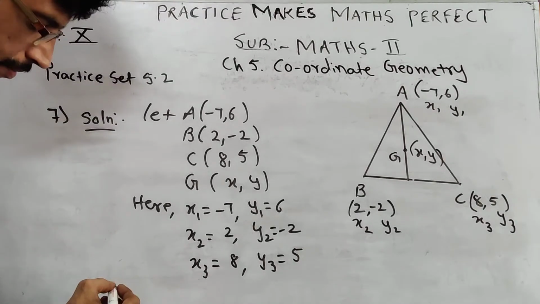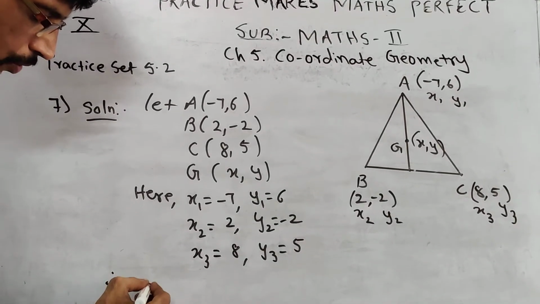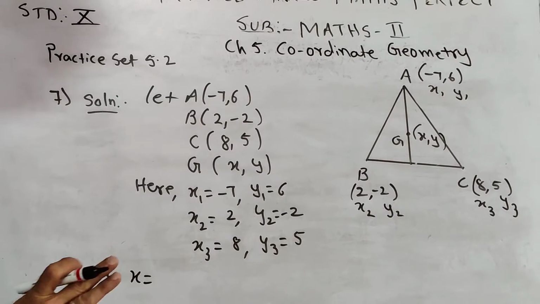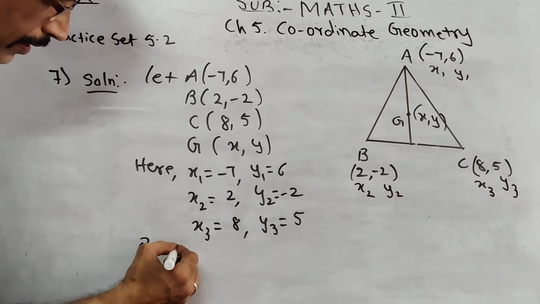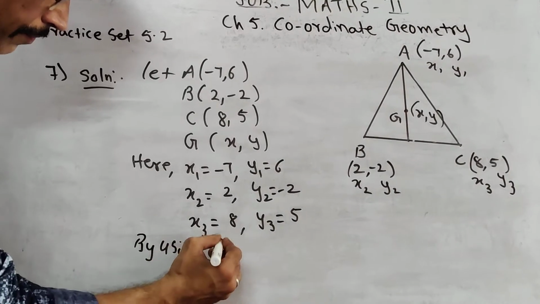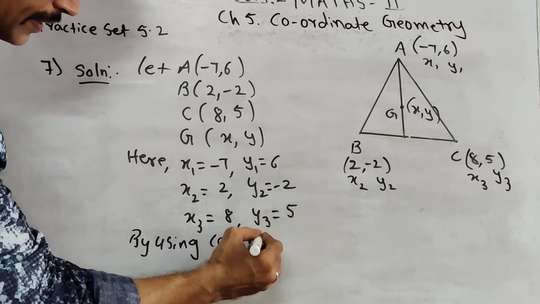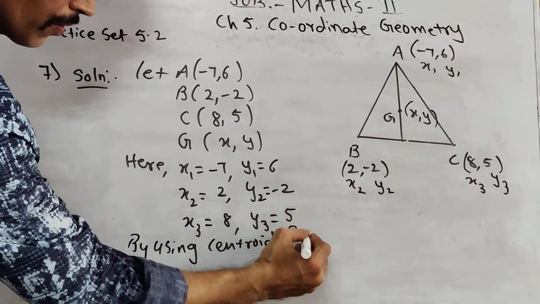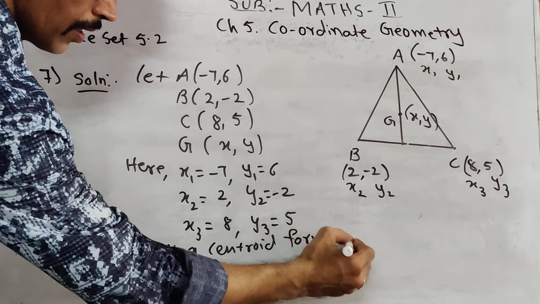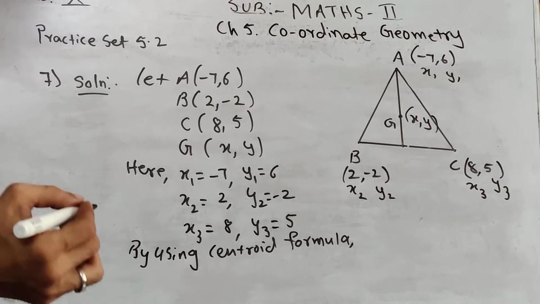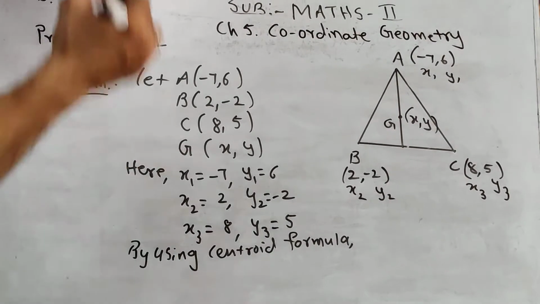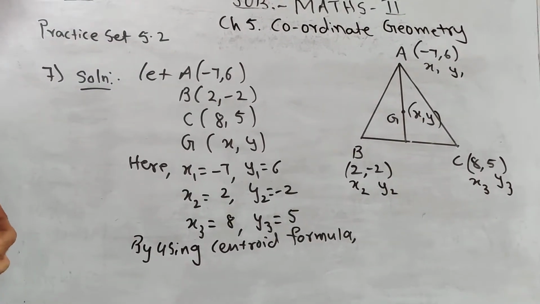So for x, you have to write by using the centroid formula, like how we used to write by using the midpoint formula and the section formula.